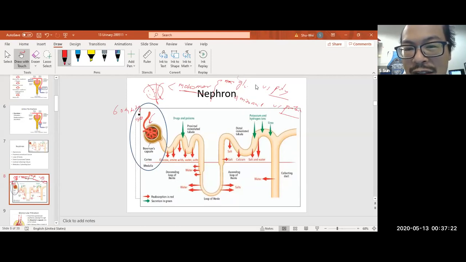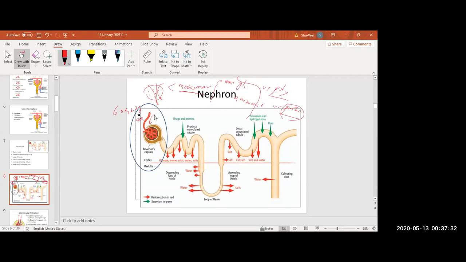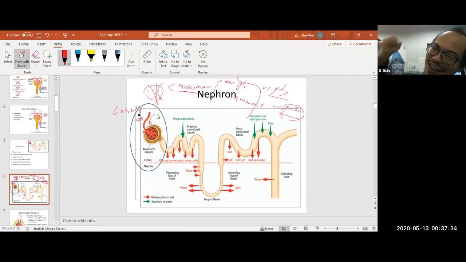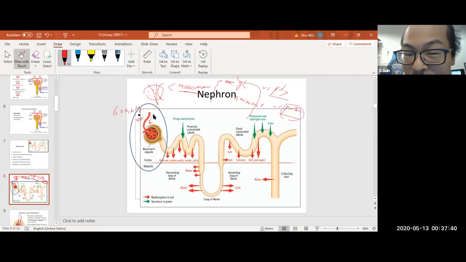In the blood, the monomer will go through, but not protein. What's the major protein in the blood? Albumin. Albumin, good job. Yeah, albumin is the major protein in the blood, but it's not going through. So only things up to the monomer size go through.